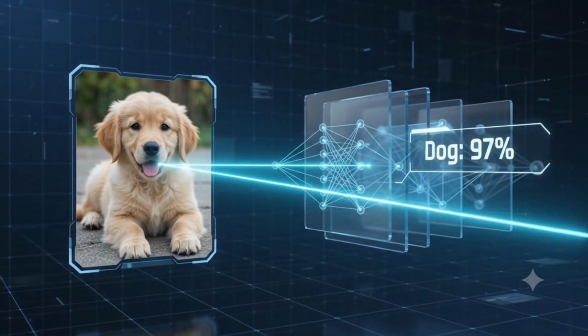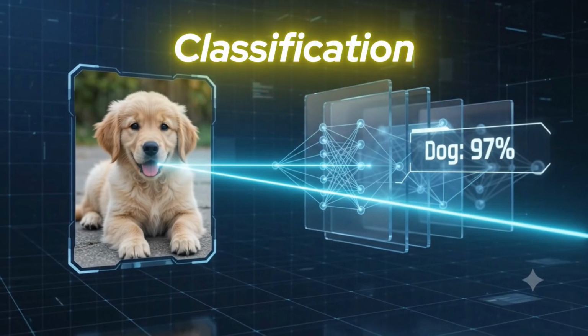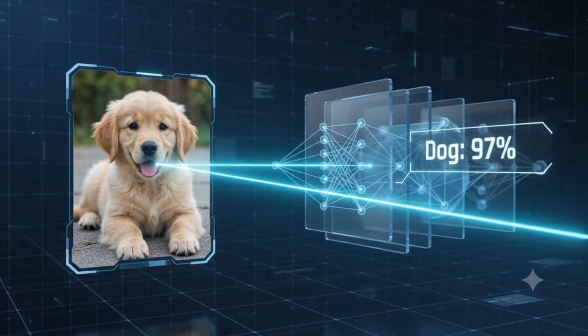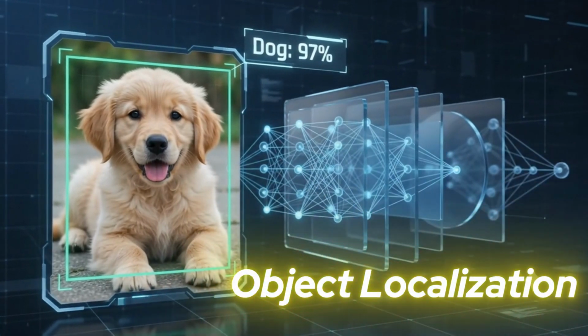Let us begin by separating three closely related computer vision tasks. In image classification, the model assigns one label to the entire image. If we provide this image to a classifier, it might predict that the image contains a dog. But the model does not tell us where the dog is. In object localization, the model predicts both the class of the main object and a bounding box describing its position.